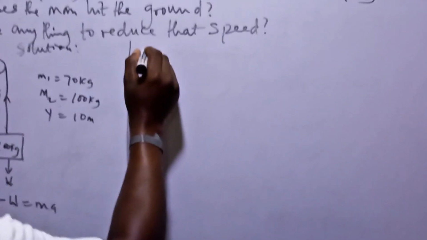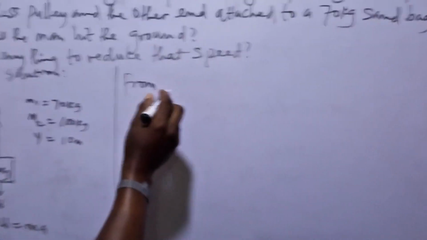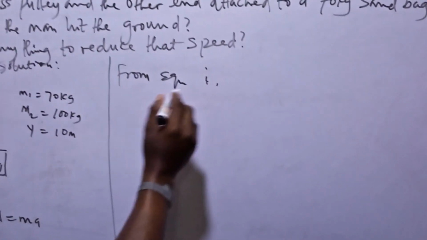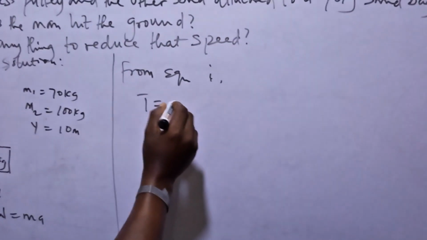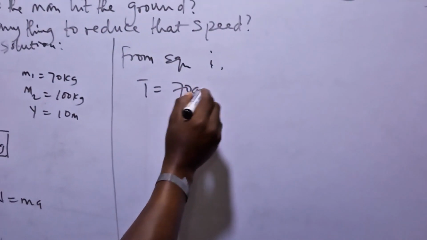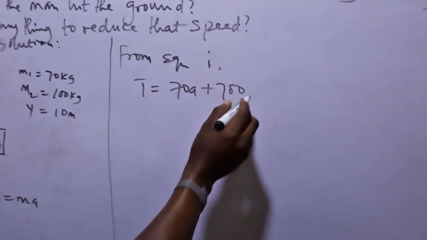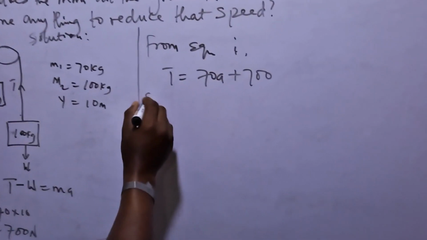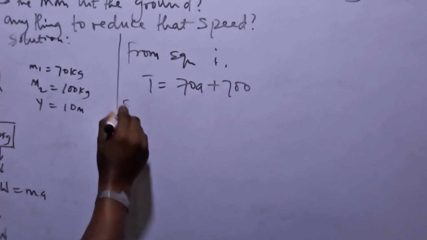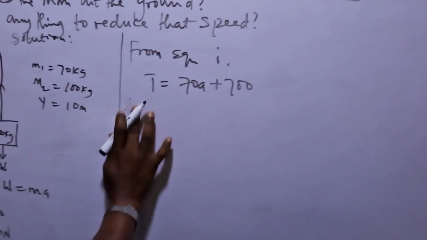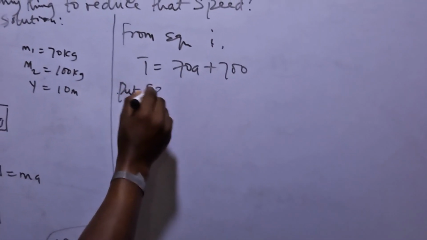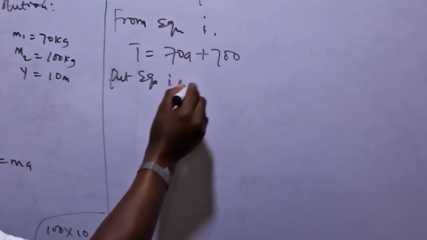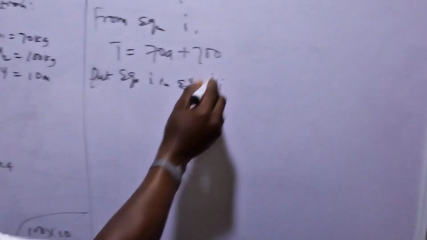Now let's solve. From equation 1, we have tension to be 70A plus 700. Now let's substitute equation 1 in equation 2.